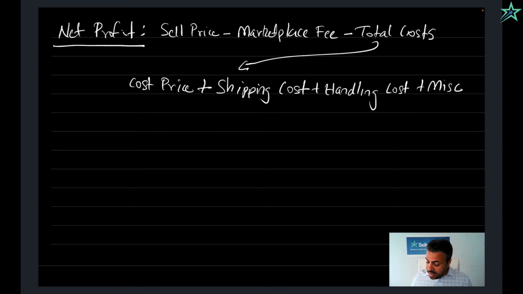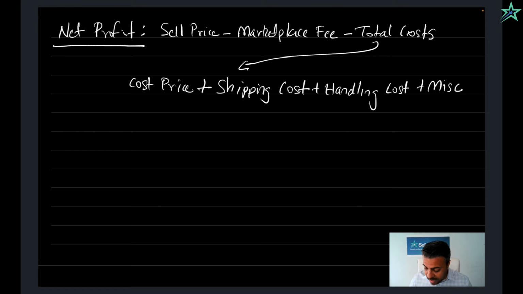Now, for resellers and liquidators, this gets a little bit more complicated. The reason is because your cost price will vary over time, most likely. For instance, for resellers and liquidators, especially if you're buying a product today, there's no guarantee that you're going to buy it at the same price from that same supplier in the future.